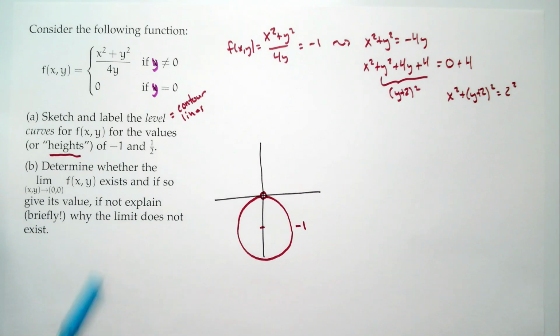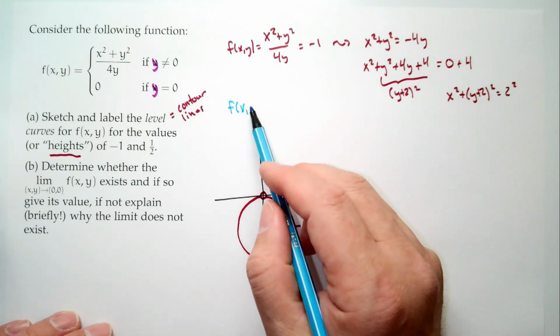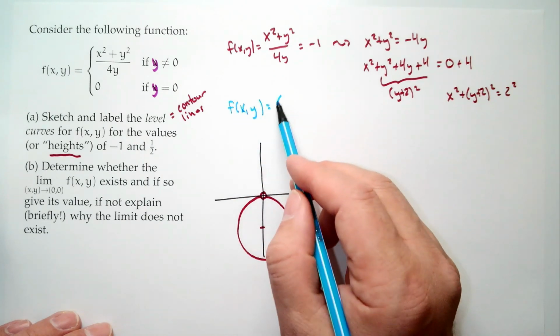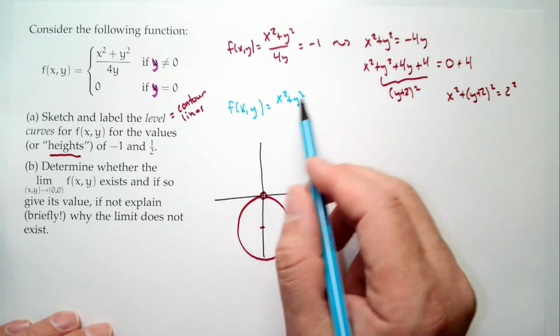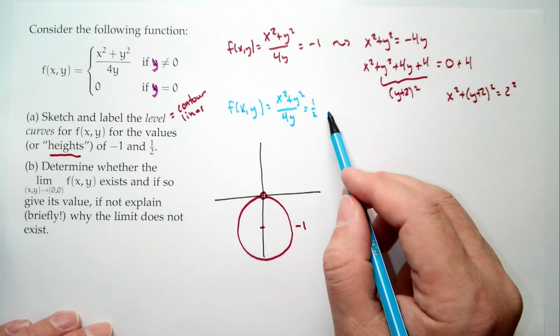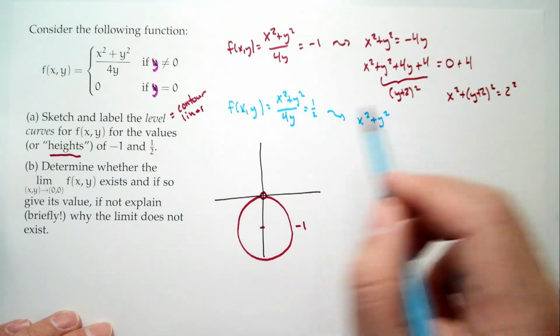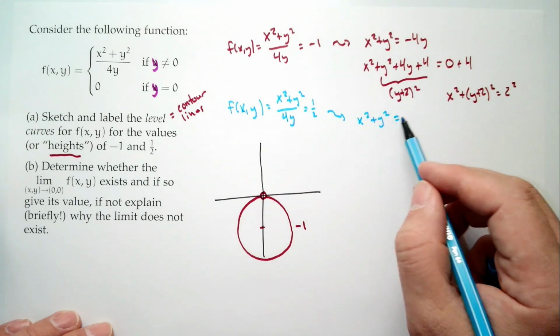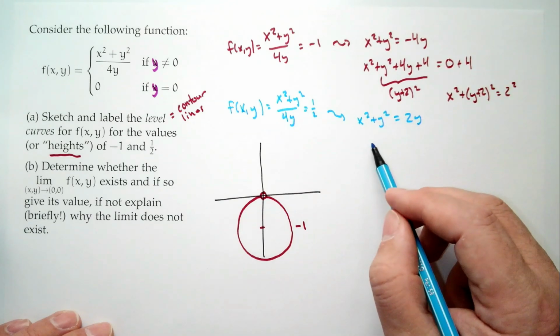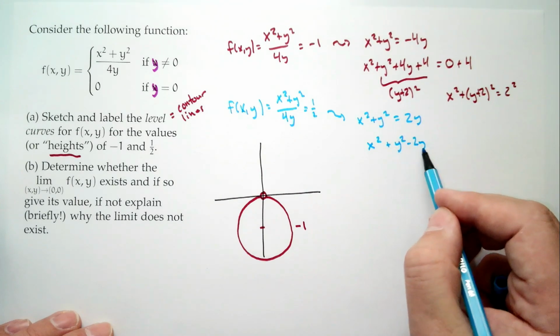Now, notice there were two things. There's also a 1/2. So you repeat the same process. You set your function f of xy, x squared plus y squared over 4y, equal to 1/2. So that becomes x squared plus y squared, multiplying through, equals 2y. And we run a similar process, x squared plus y squared minus 2y.